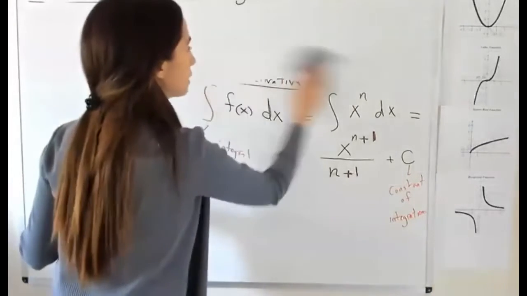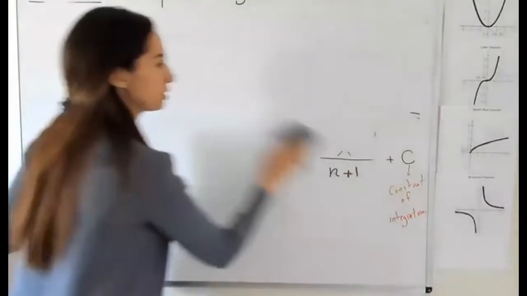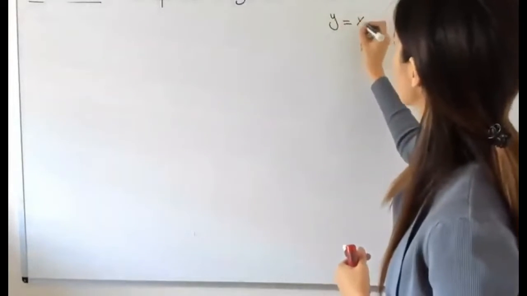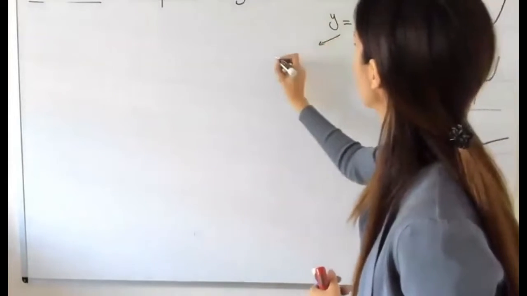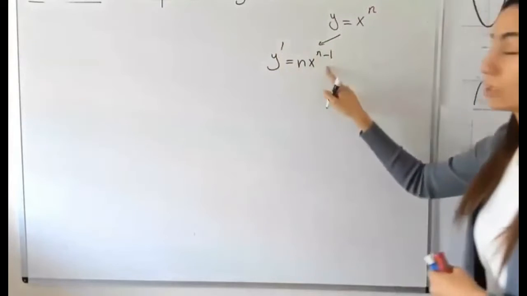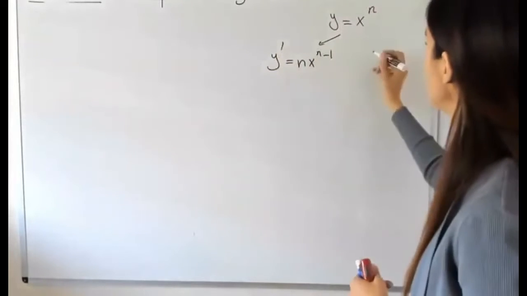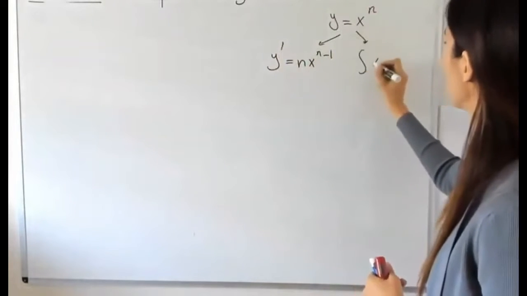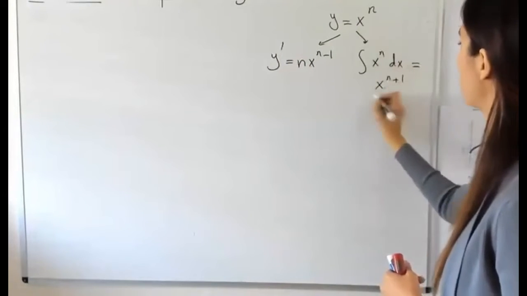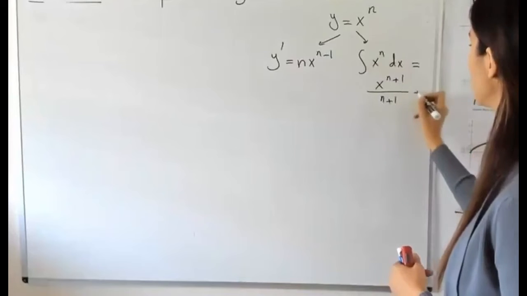So let us write this here on the right hand side as you continue. So if you have a power function y equals x to the n, its derivative y prime is n times x to n minus 1, you subtract 1, and the integral of x to the n dx is equal to x to n plus 1 divided by n plus 1 plus constant of integration.